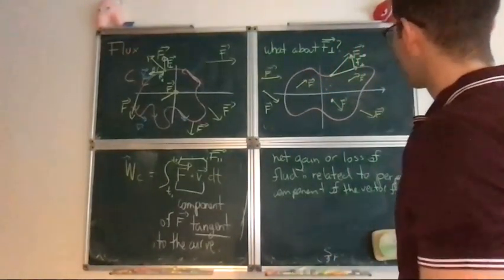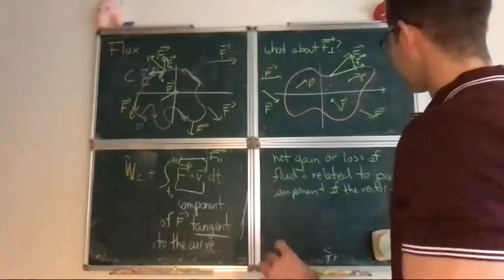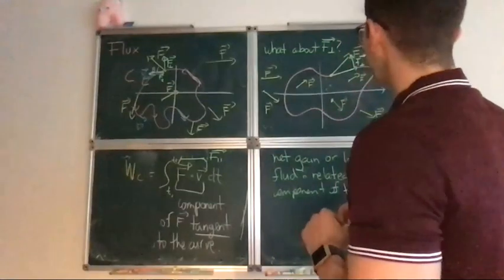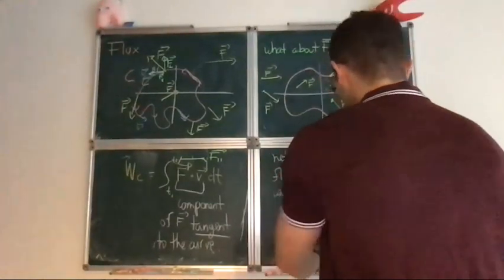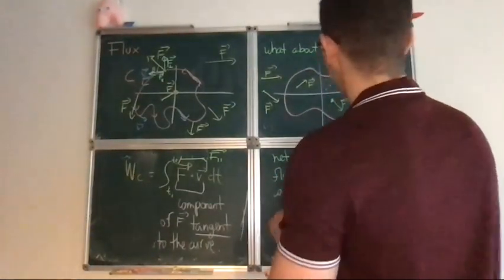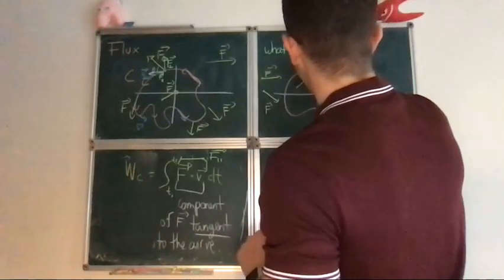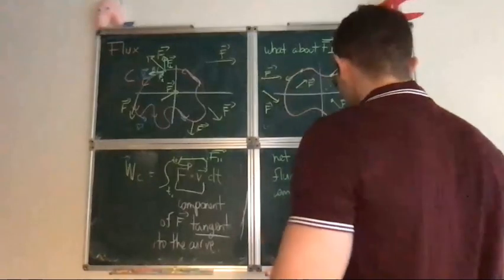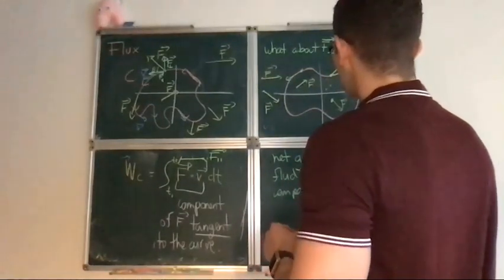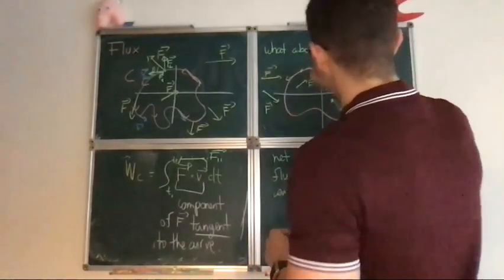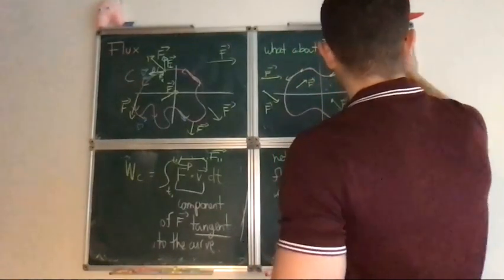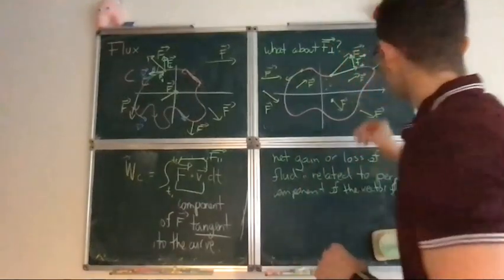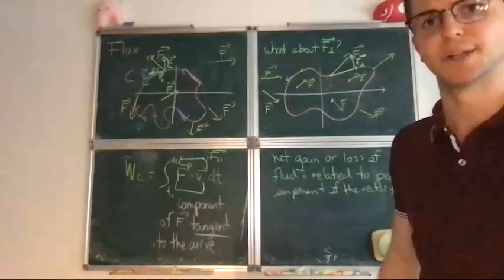So in a sense, if the velocity happens to be completely parallel to the curve at a point, there's no loss there, and the extreme opposite is when the velocity happens to be completely perpendicular to the curve, in which case exiting this region is as easy as possible.